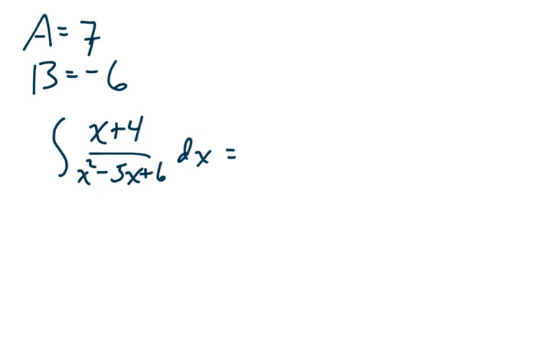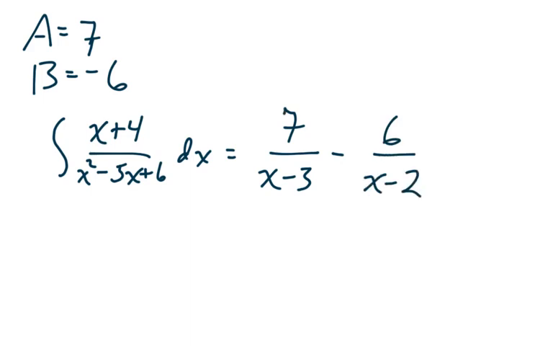Now, the important thing to remember is, if a equals 7 and b equals negative 6, we are now able to say that this original integral can be equal to 7 over x minus 3, I guess really minus 6 over x minus 2. In other words, we can fill back in our values for a and b.